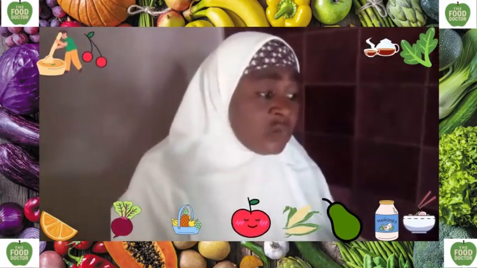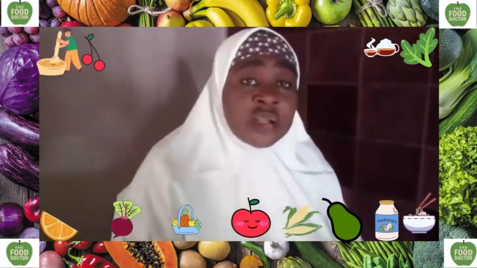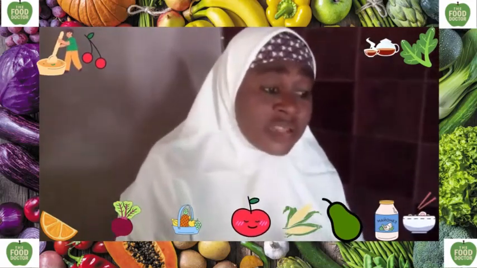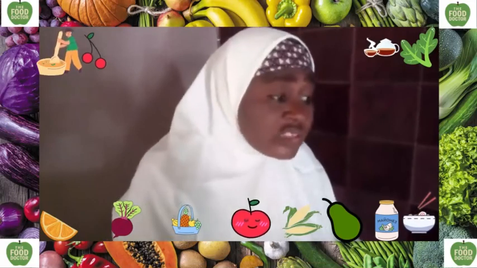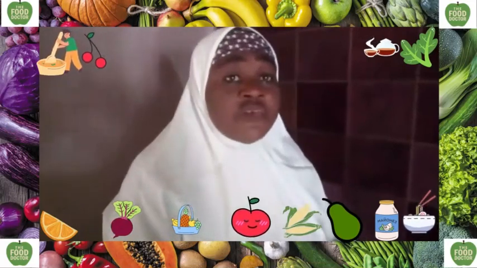Okay, and when we check into this method of planning the diet, we quantify it. We quantify the food to give us accurately the amount of protein we need for that patient.